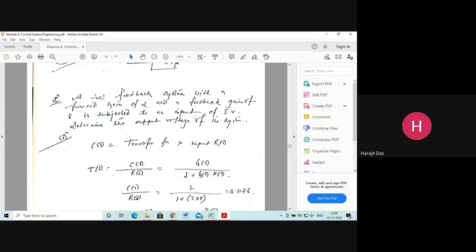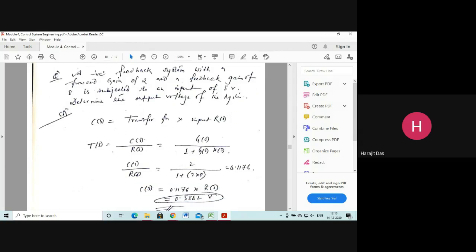It is subjected to an input of 5 volt. The input is R of S, so R of S is 5 volt. Determine the output voltage of the system, meaning C of S you need to find out.